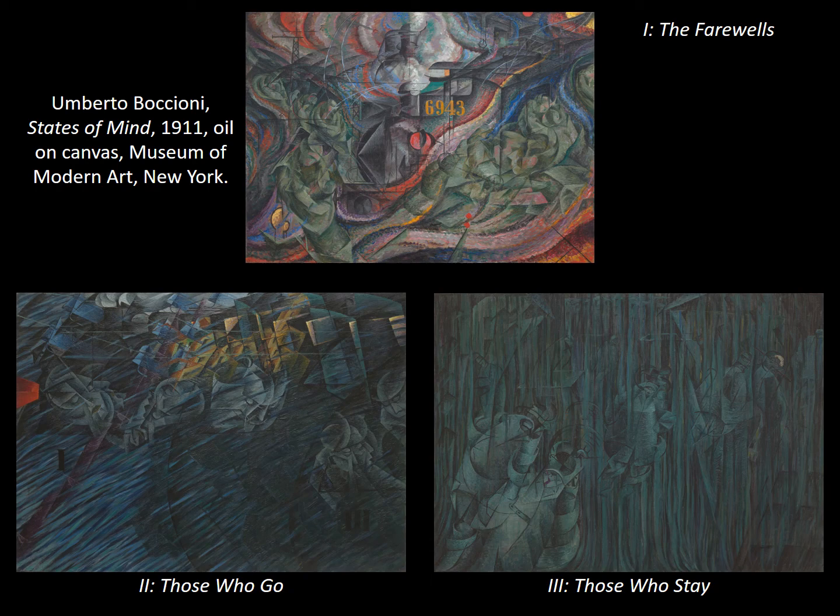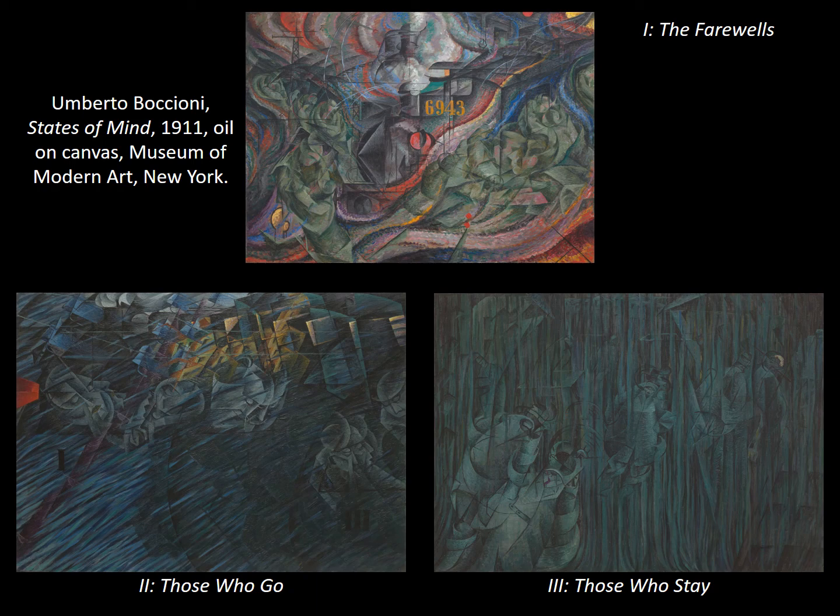So here you can see that there is a sense of mood being achieved. And he does this by translating movement into what he called force lines. So you could see these lines that are showing direction, and you could see how the movement of the lines changes in every work. In The Farewells, it appears as if this train with that 6943 written on it is advancing and moving towards you.